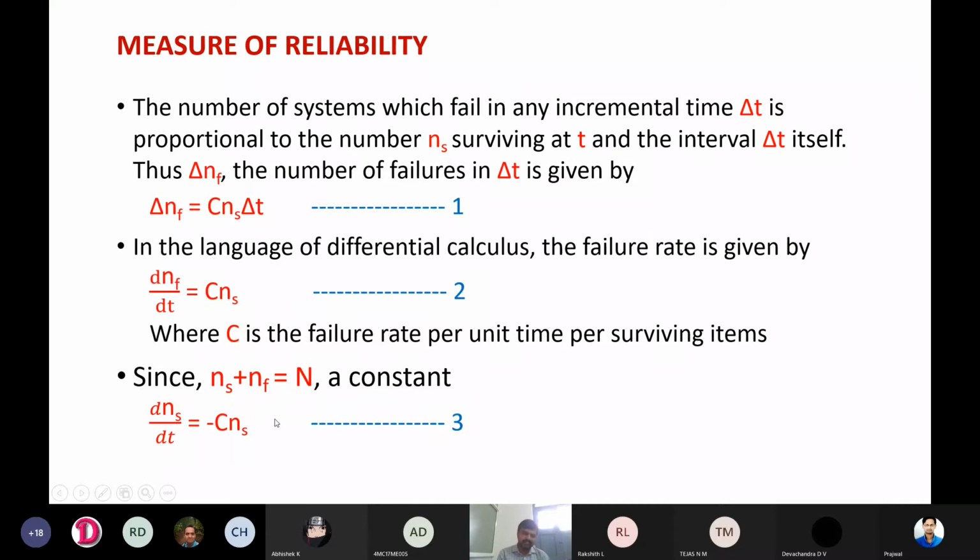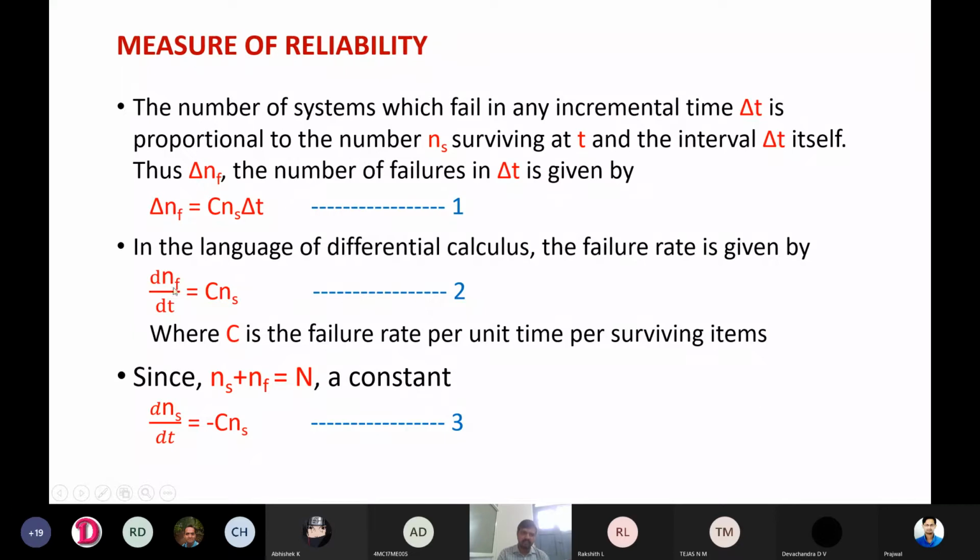Next, if you want to relate only NS and NF, and keep NS on the left hand side, then NF has to go to the right hand side. When it goes to the right hand side, it becomes minus NF. So you can write the same equation for NS.